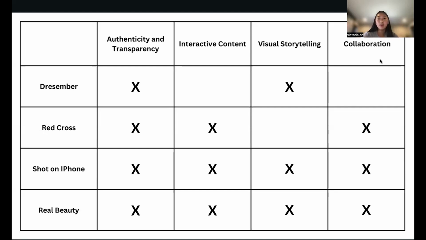As we can see, the nonprofits don't possess all 4 of these tactics. But as we can see in the for-profits, all of them do possess those tactics. Utilizing visual storytelling and interactive content has been key for those for-profits for increasing sales.